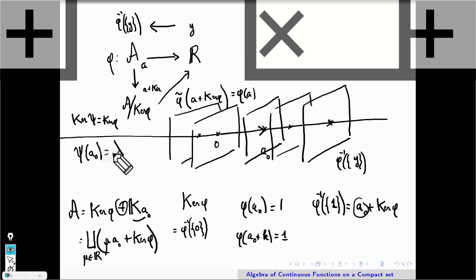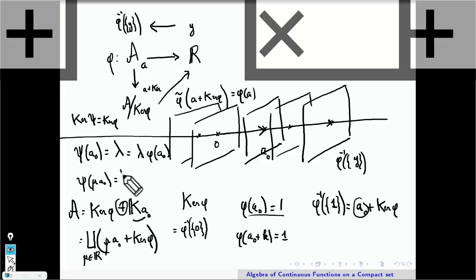If it is not 0 everywhere, so it is not the 0 map, then we can see that mu alpha is equal to lambda phi of 1, phi of a0, and we have said phi of a0 is 1.